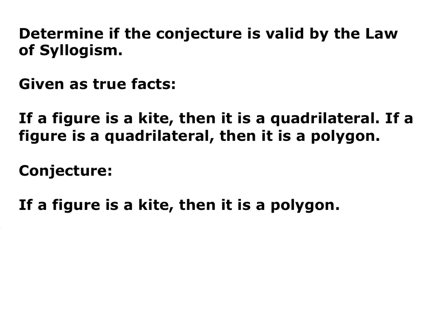Okay, here's your first example. If a figure is a kite, then it is a quadrilateral. If a figure is a quadrilateral, then it is a polygon. So is it correct, valid, to say if a figure is a kite, then it is a polygon? Yes. Okay, tell me what's the P, the Q, and the R. The P is the kite.